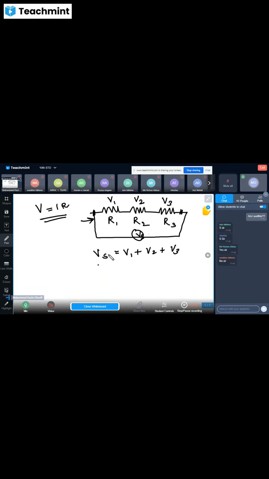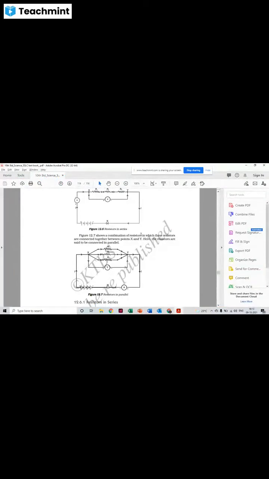Fine. So suppose you measure the voltage across, all right, now that means what is the individual resistance, or what is the total resistance?